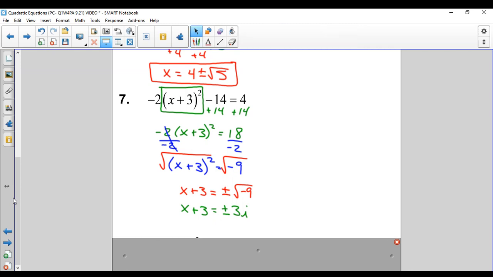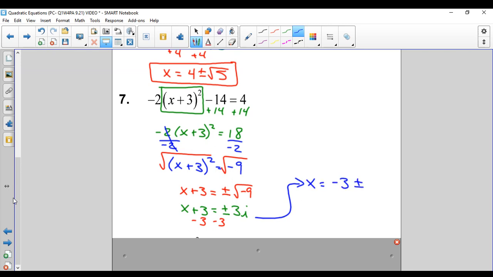Then I subtract 3 from both sides. I is technically a radical, so my answer is x equals negative 3 plus or minus 3i. It's not 6i, not negative 6i, not 0i, negative 3 plus or minus 3i. We cannot combine those 2 terms.